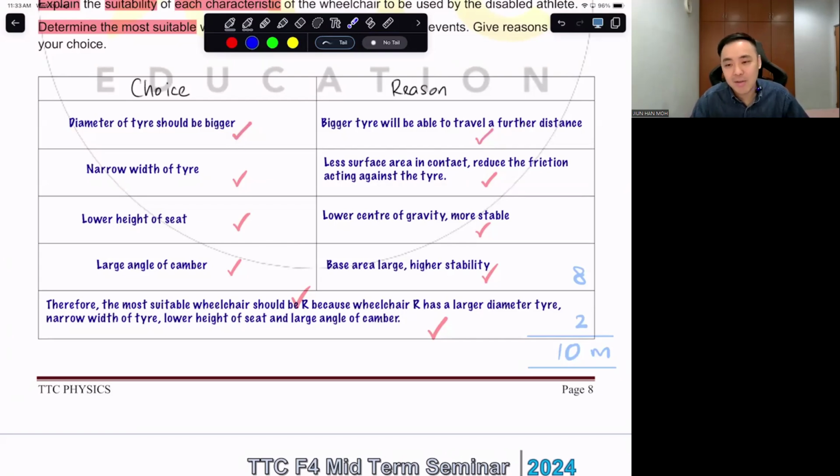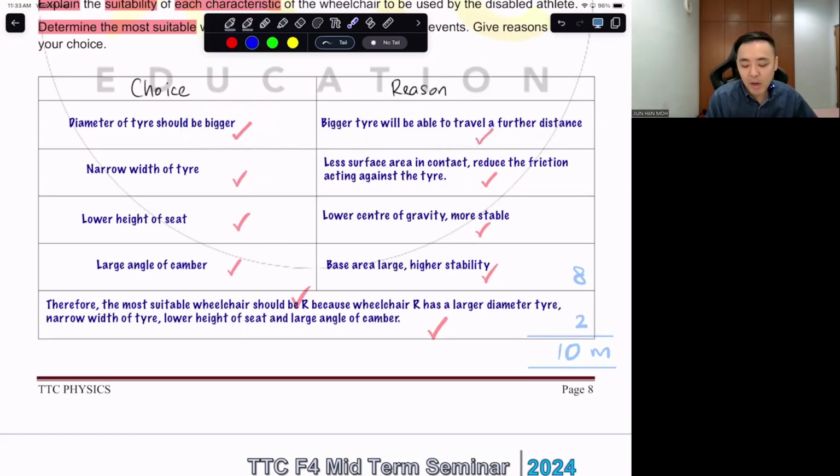Normally, if your teacher is more lenient, you choose this correctly, they give 1 mark, but your reason you write wrongly, then 0. So you still get 1. But some teachers feel that when your reason is wrong, you don't know what you're doing, you just guessed, so they don't give marks for both points. But by right, when your reason is wrong but you choose correctly, you get 1 mark.